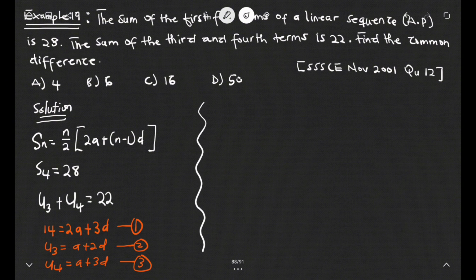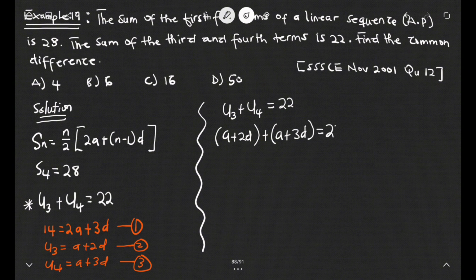All right, so still using the expression that I have over here, I have u3 plus u4 to be equal to 22 from the question, and then my u3 and u4 are a plus 2d and a plus 3d respectively. So I have u3 is a plus 2d plus u4 is a plus 3d, that is equal to 22.